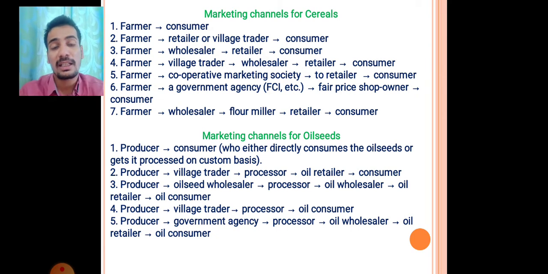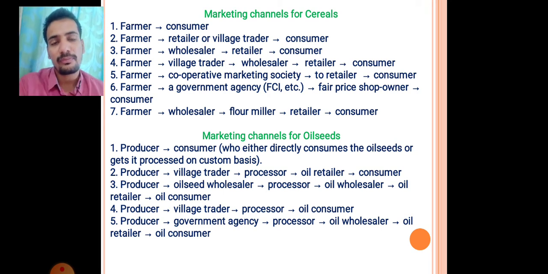Then marketing channels for oilseeds. As we know, no one consumes oilseed as it is.